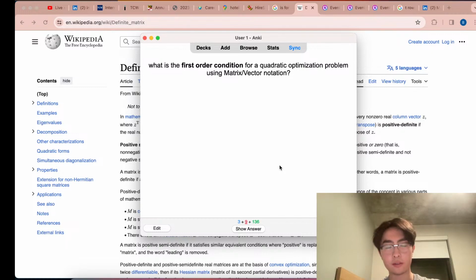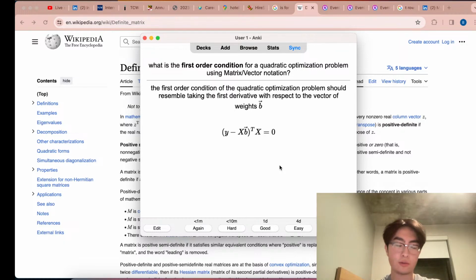But I think the answer I have here is y minus xb transpose times y minus xb. The first order condition should be with respect to the vector of weights b: y minus xb transpose x.